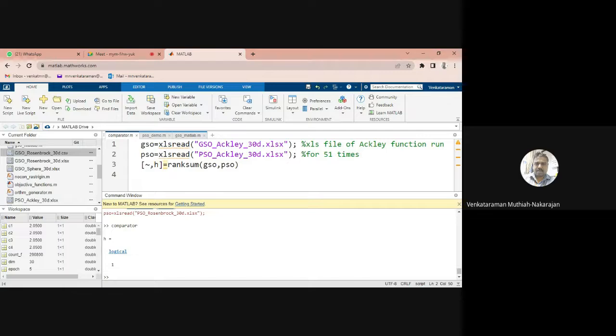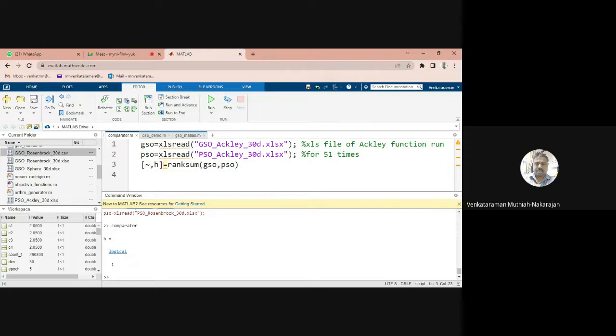Now you want to compare them, so you run this command rank sum GSO and PSO. The name of this algorithm is called Wilcoxon rank sum, and it will clearly tell you which algorithm is best.